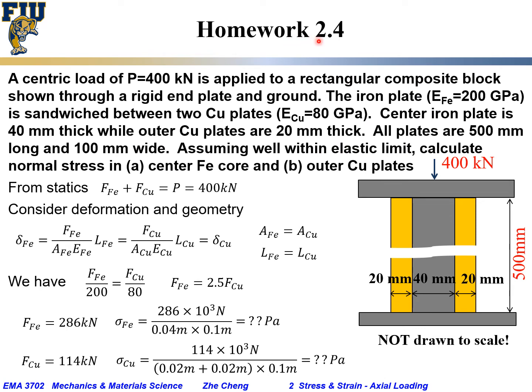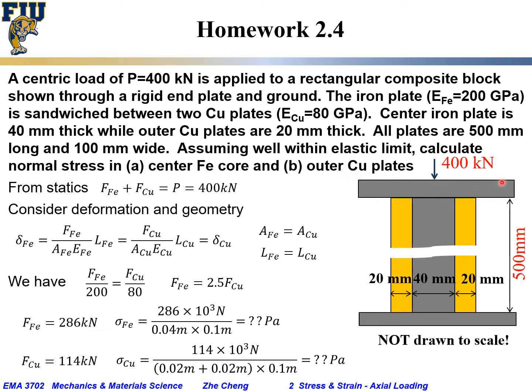Now let's look at homework 2.4. It's a so-called statically indeterminate problem. We said a centric load P of 400 kilonewton, downward, is applied to a composite block, a three-part block, through rigid end plates.